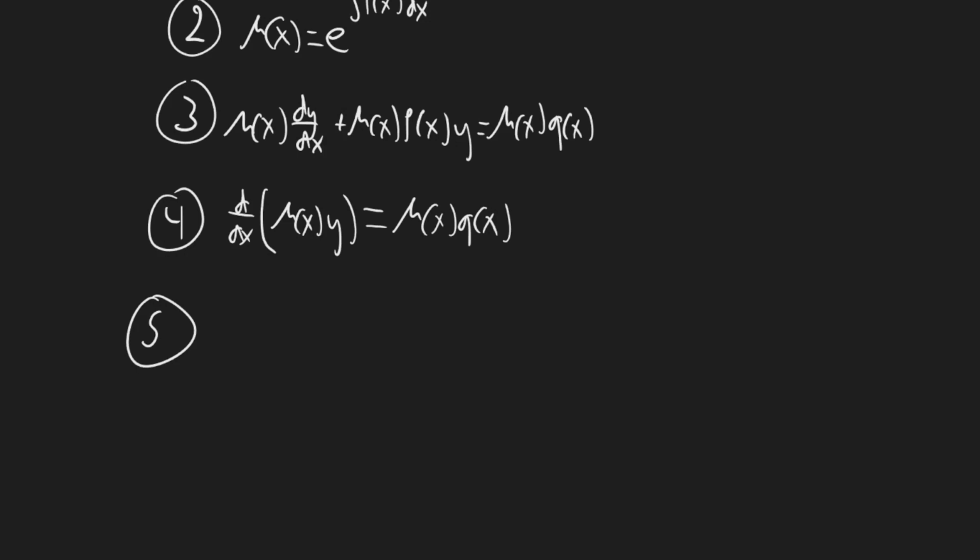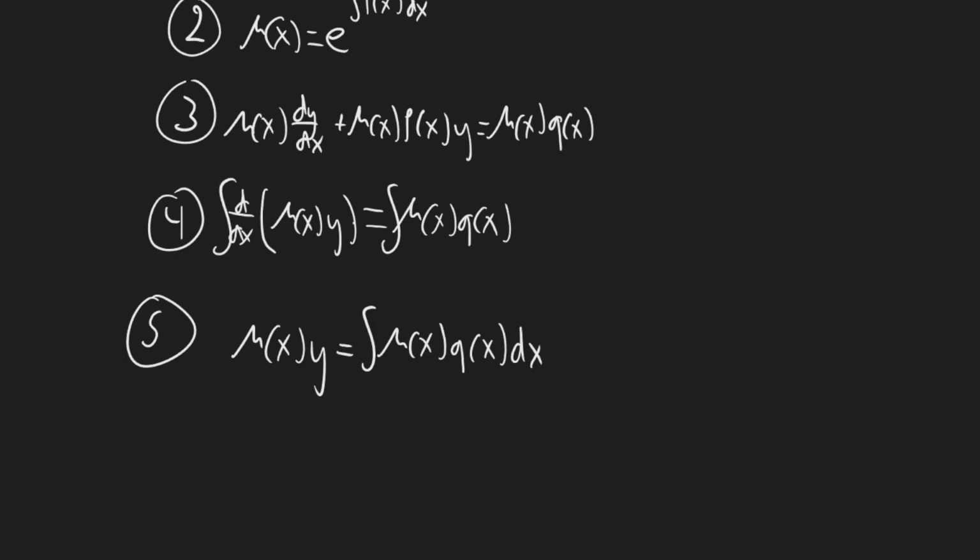If I integrate both sides, the derivative on the left side disappears, because the integral of a derivative is just the original function. So we get mu of x times y equals the integral of mu of x q of x dx, because we integrated both sides with respect to x.